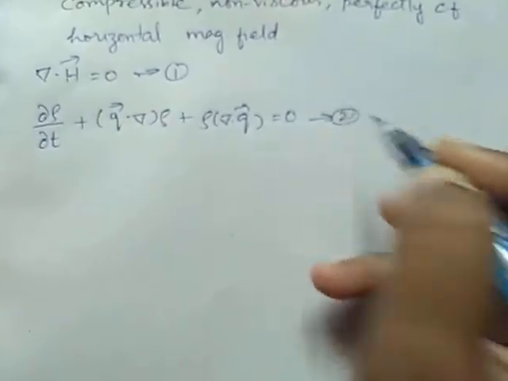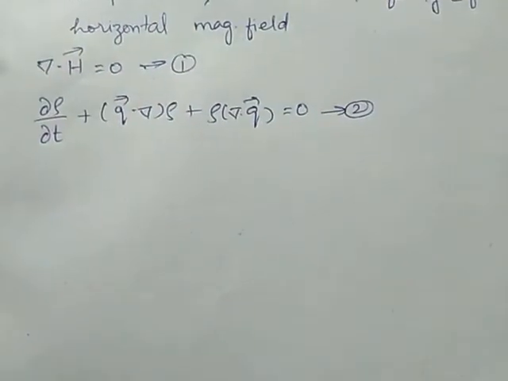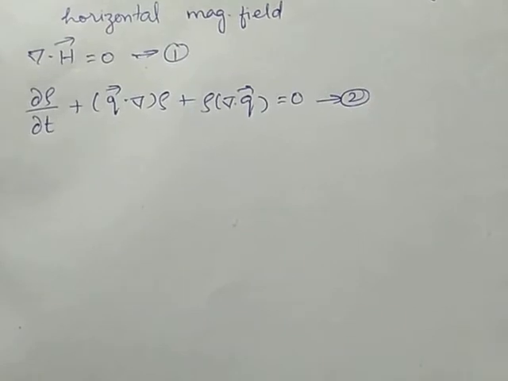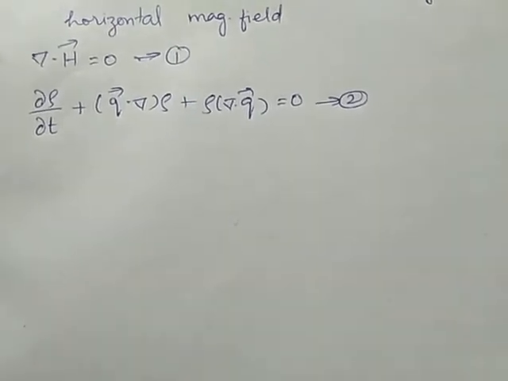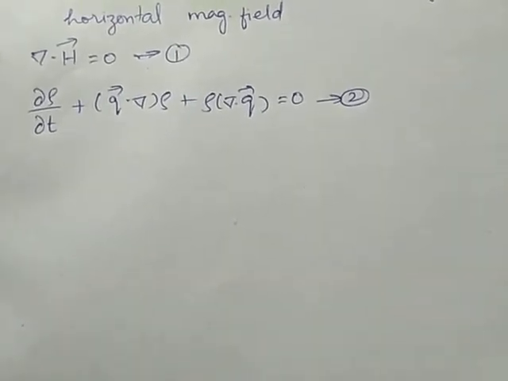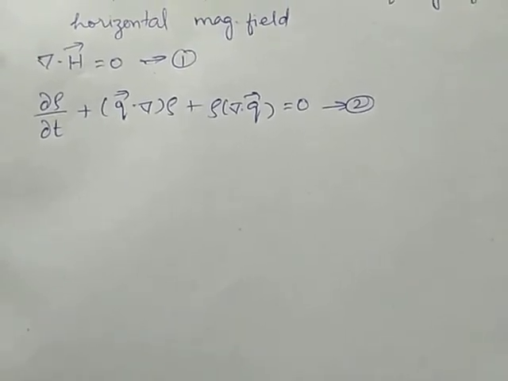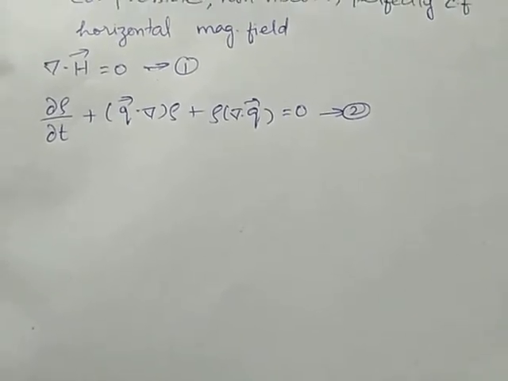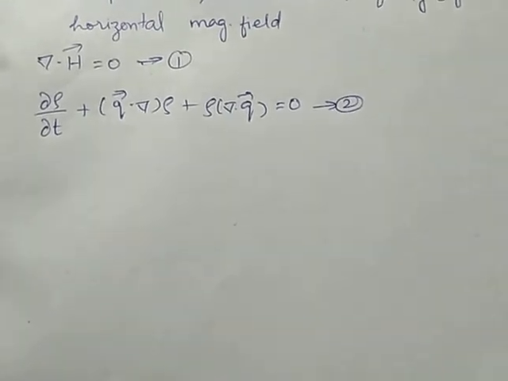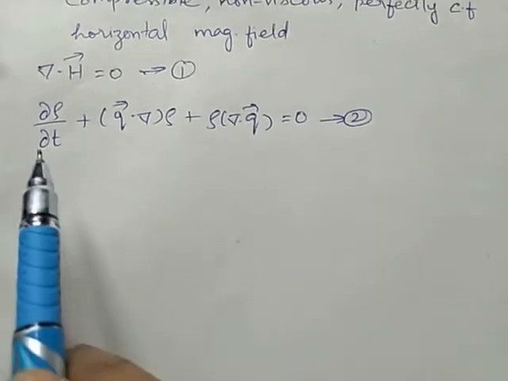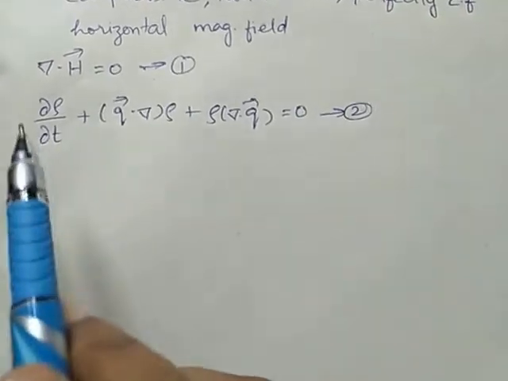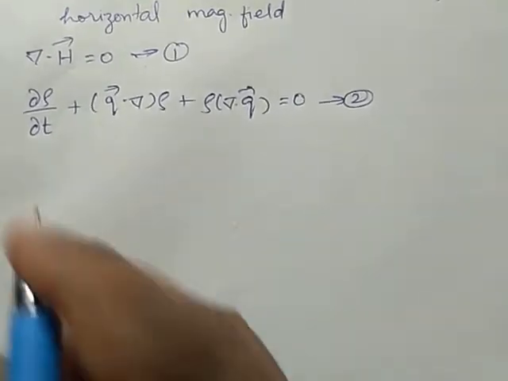This is our continuity equation because density is not constant. Usually we write del dot q equal to 0 as our continuity equation because we considered an incompressible fluid. Here we are considering a compressible fluid, so our continuity equation is in this form.